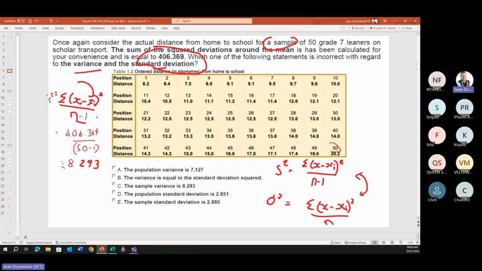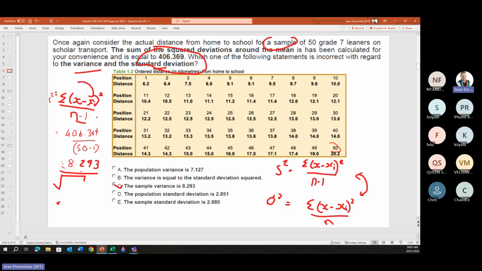In this one, we're working with a sample. So we need to use the sample variance, which is 8.293. And then to get the standard deviation, it's just the square root of that.